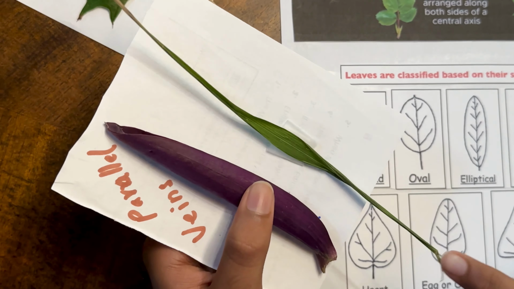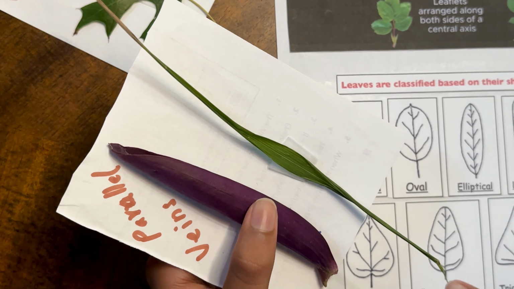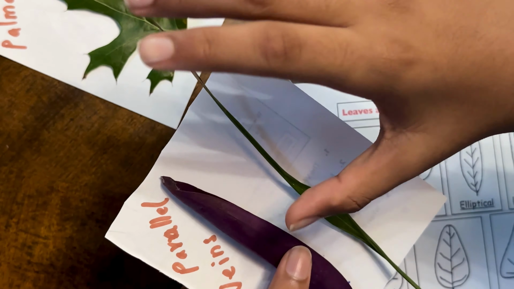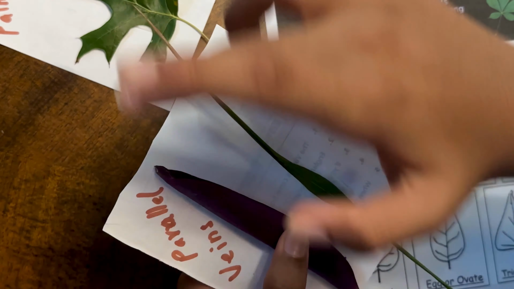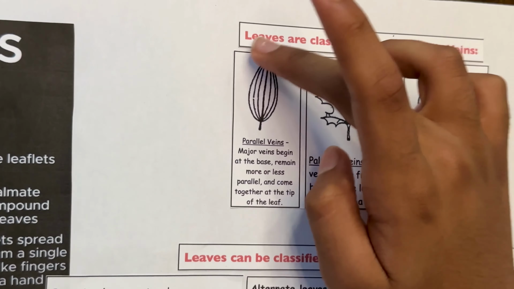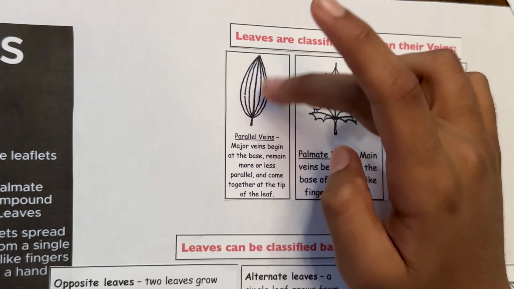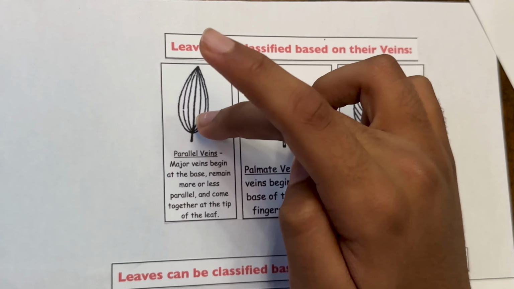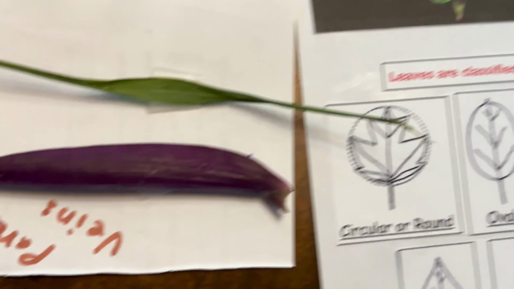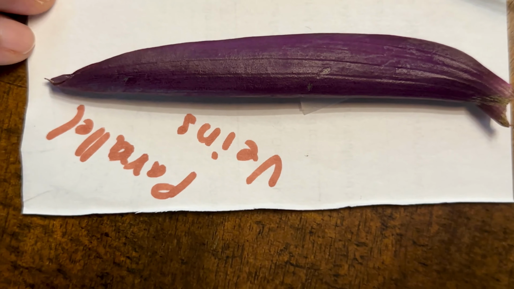They start out all together at the petiole, or they can start out at the axil, but whatever it is, they end up meeting up kind of like a magnetic field. The parallel veins don't touch the midrib unless it's at the ends of the leaf. Parallel veins are mainly found in simple leaves.